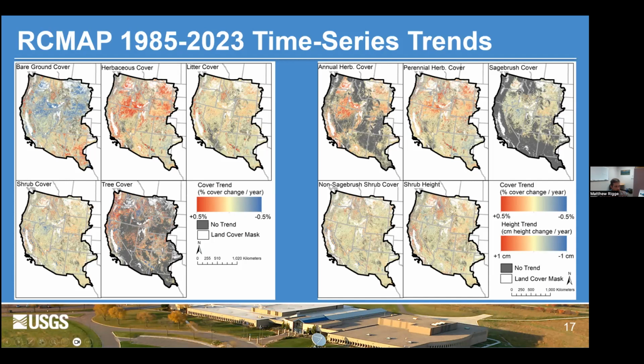Tree cover is increasing overall, except in the areas where we've had major fires, in central Idaho, for instance, over into California as well. This new generation of products does a better job of detecting the pinyon juniper encroachment issue into some areas of the Great Basin. Definitely better results overall in terms of this new generation of products.